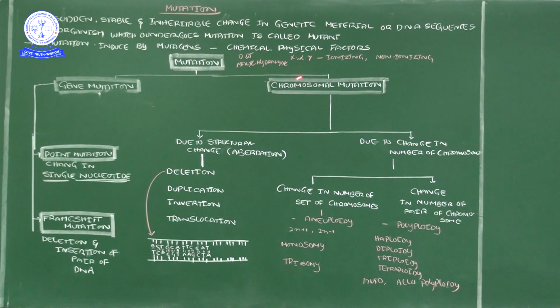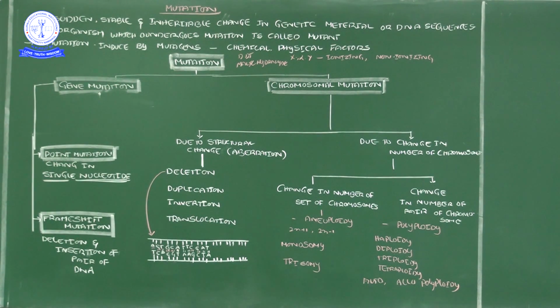Now come to chromosomal mutations. In a chromosomal mutation, the chromosome itself is affected. When one chromosome is affected, several genes will be affected, because one single chromosome contains approximately at least 2000 genes.